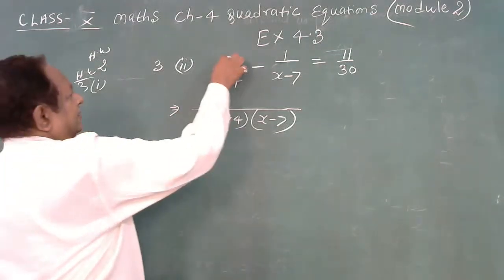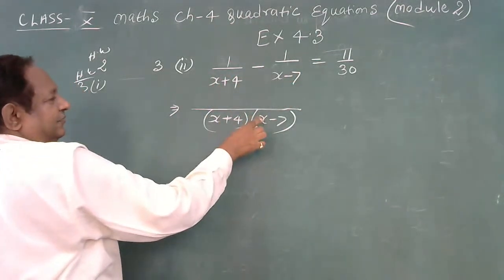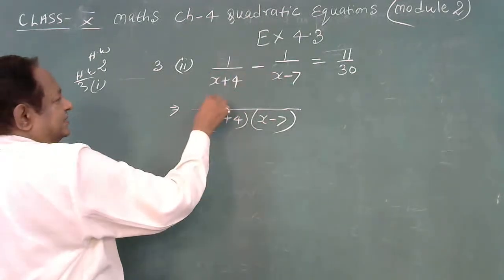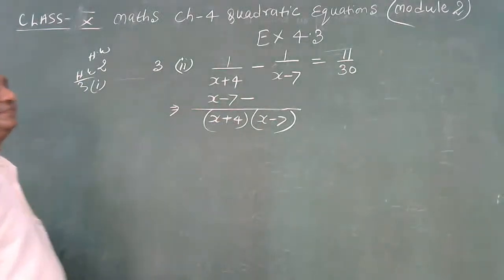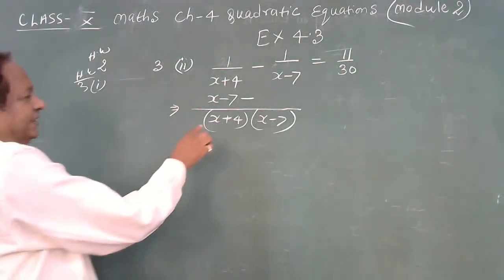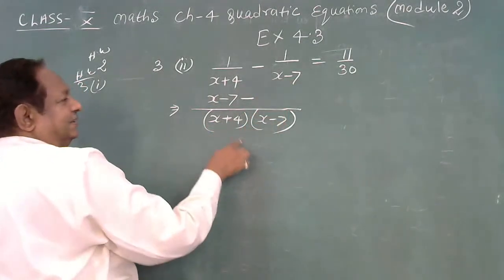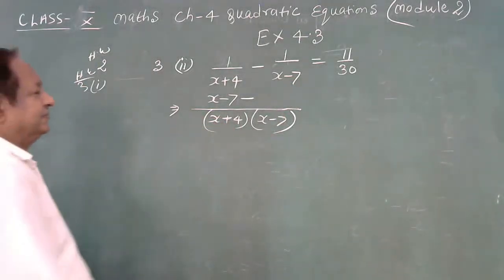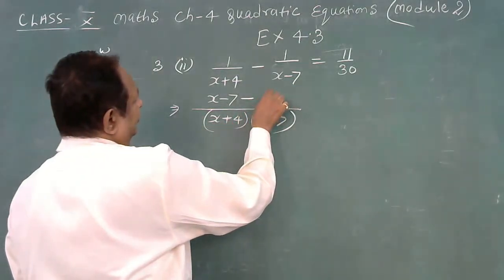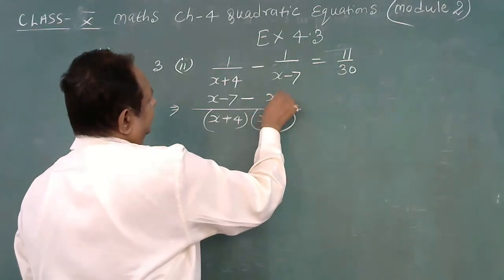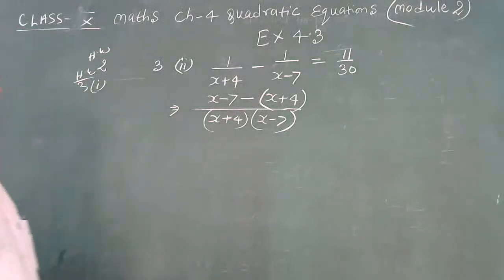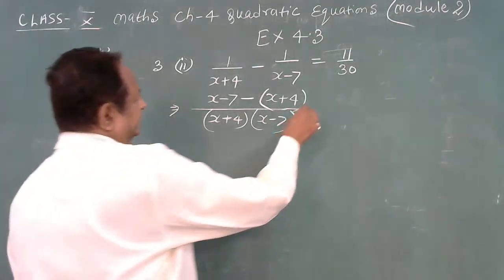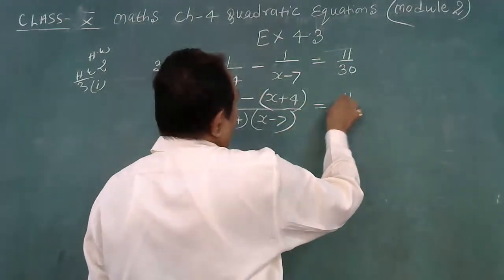Or we can cross multiply. First we will multiply 1 by x minus 7 and then minus. Now divide this LCM by x minus 7, the quotient will be x plus 4. So 1 into x plus 4 is equal to 11 by 30.